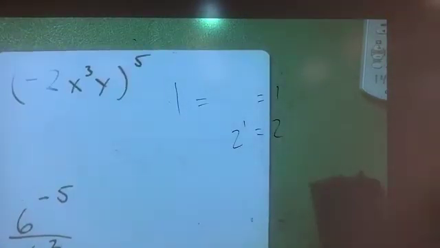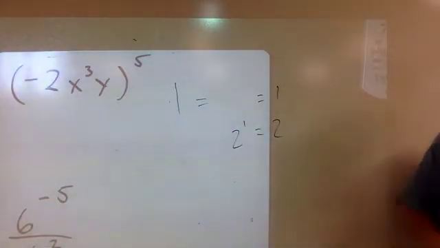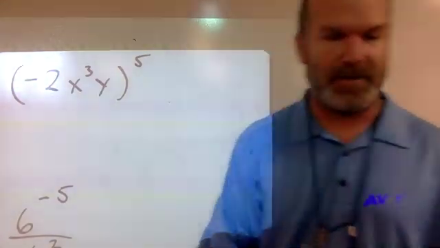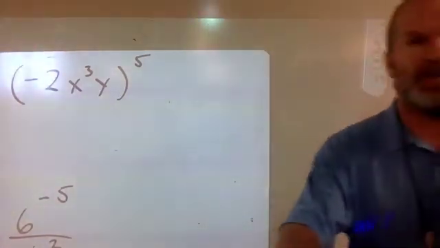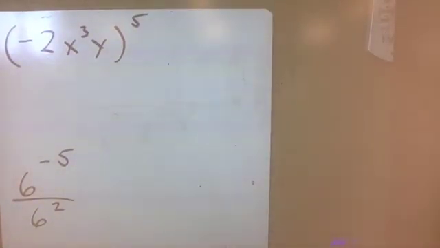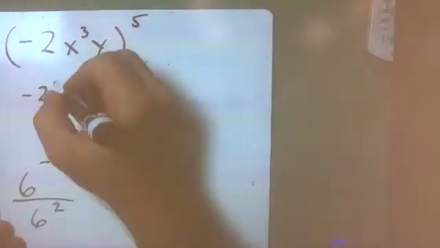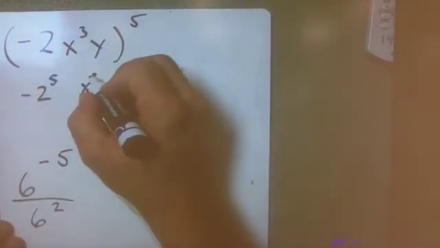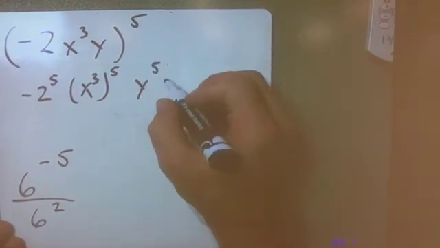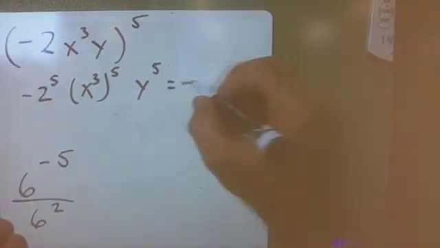When you've got a whole bunch of stuff inside of a parenthesis raised to a power, you've got to raise everything in there to the 5th power. So we've got three things inside the parenthesis here: a negative 2, an x cubed, and a y. So we do negative 2 to the 5th power, x to the third to the 5th power, and y to the 5th power. Negative 2 to the 5th power is negative 32.